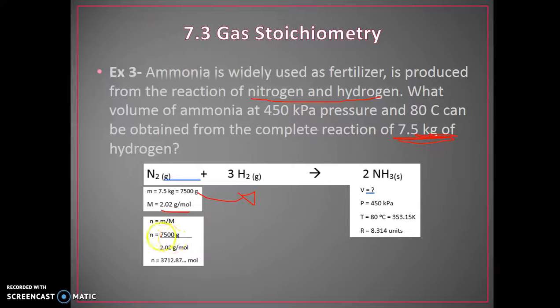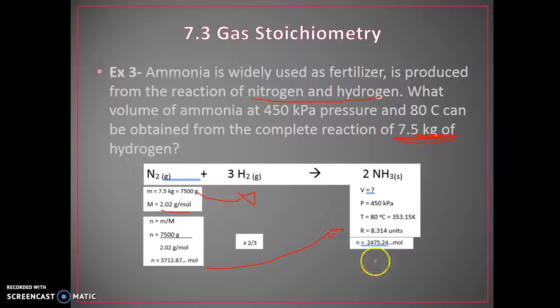So the moles of hydrogen would be, if I take that 7,500 and divide it by 2.02, I get 3,721 moles. Then I need to use the molar ratio, times by where I'm going to, divide by where I'm coming from. So times by 2, that's where I'm going to, divide by where I'm coming from for the coefficient of hydrogen. That gives me the moles of ammonia being produced as 2,475.